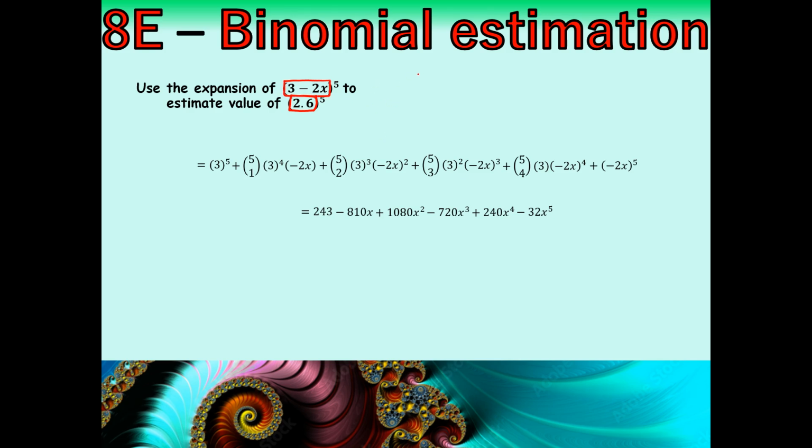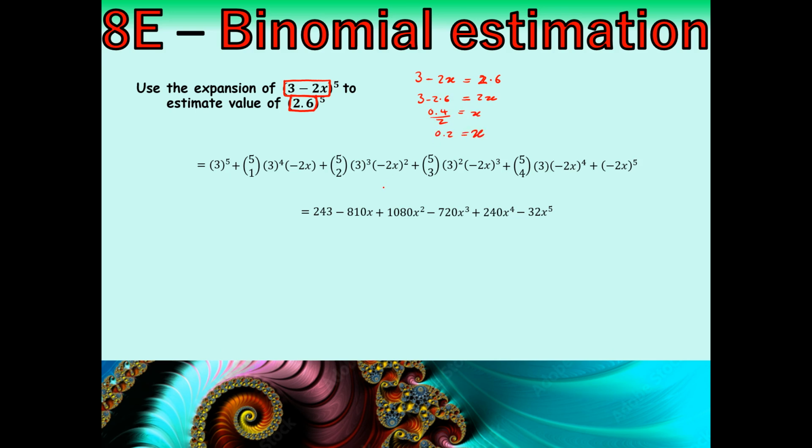You can set 3 - 2x equal to 2.6 and try to solve this equation for x. What you notice is that you can swap 2.6 and 2x around. You have 2x here, 3 - 2.6 is 0.4. So divide both sides by 2, x will be 0.2.